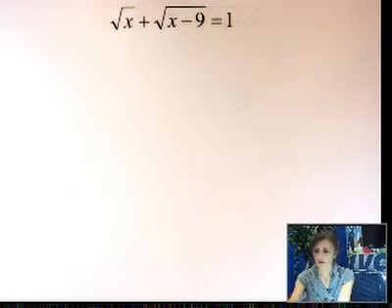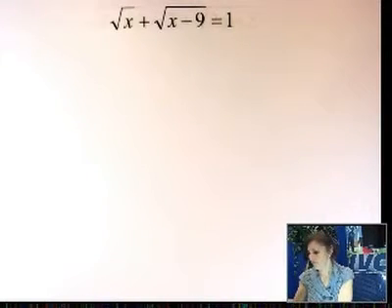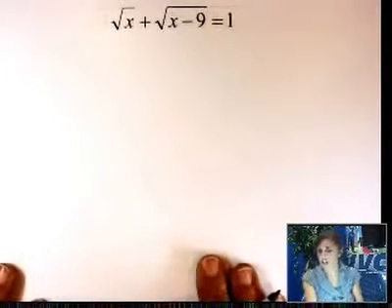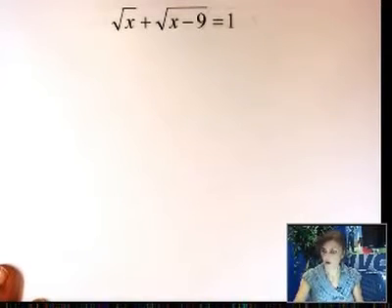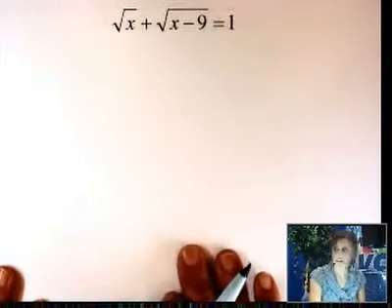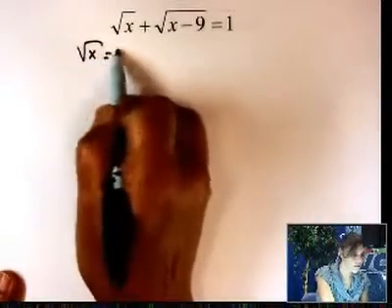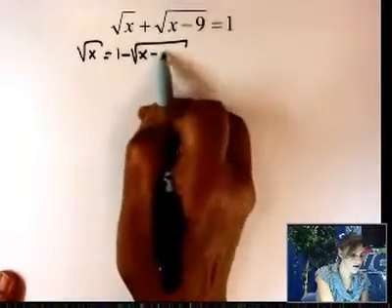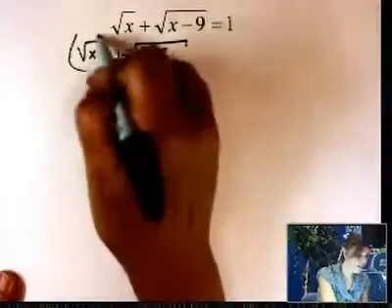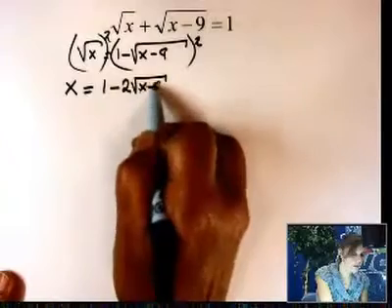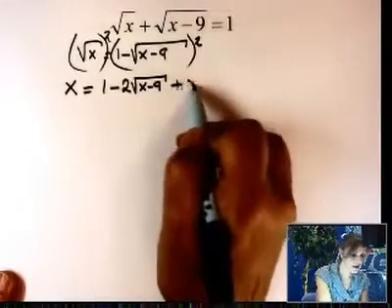Let's look at this problem. Okay, let's isolate one of the radicals. I thought I did this problem, but I guess I didn't. Let's square it. You're going to have an x. And here you're going to have 1 minus 2 times the square root of x minus 9, plus x minus 9.